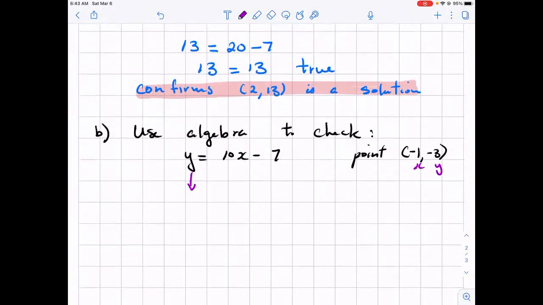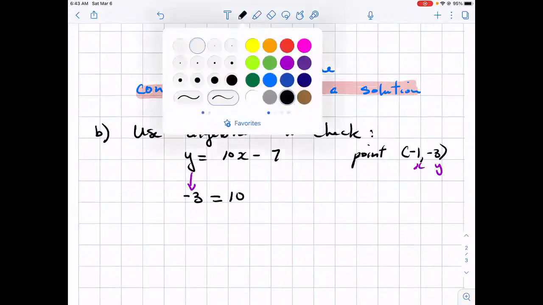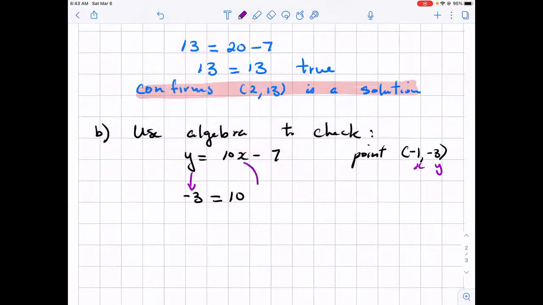So instead of y, we're going to write -3 equals 10, and instead of x, we will write -1, and then we subtract 7.